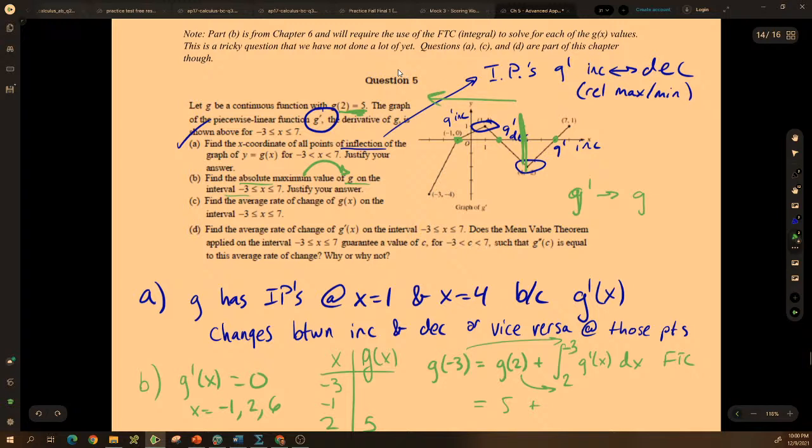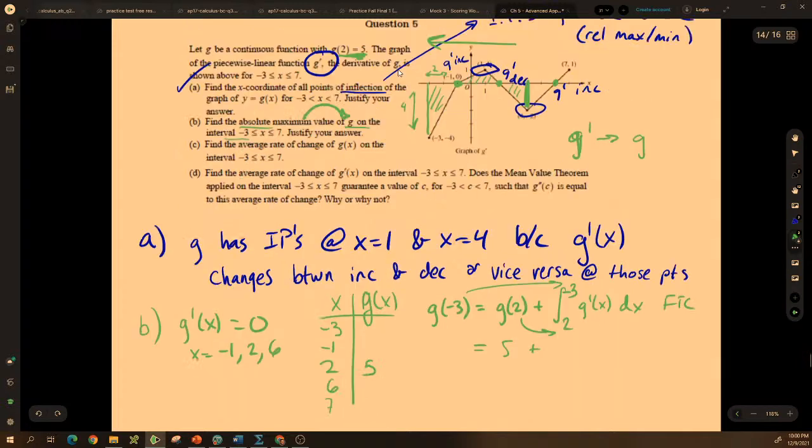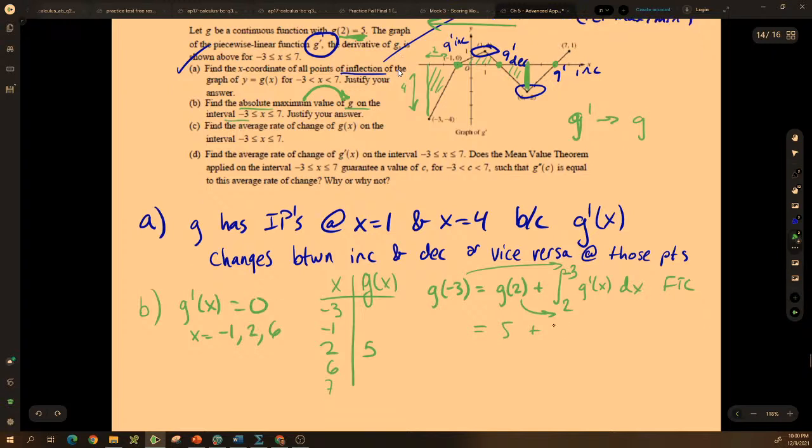Okay. So basically this is 5 plus, now, this is going from 2 backwards to -3. So we're going to just use our geometry. But since it's going backwards, anything below is actually going to be positive. Anything above is going to be negative. This is 3 triangles. The first one has a distance of 2, a height of 4. So that's 1/2 times 2 times 4, and that's going to be positive because we're going backwards.